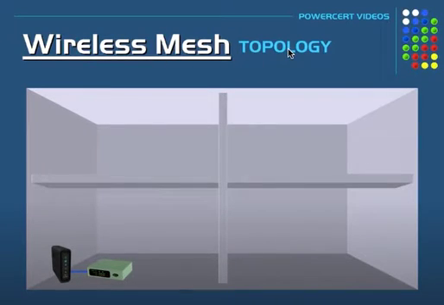Now we have wireless mesh topology. What is wireless mesh topology? See, we have a server which is connected to the switch via a wired connection. Then the switch can be connected to the routers. There are four routers in four different rooms.